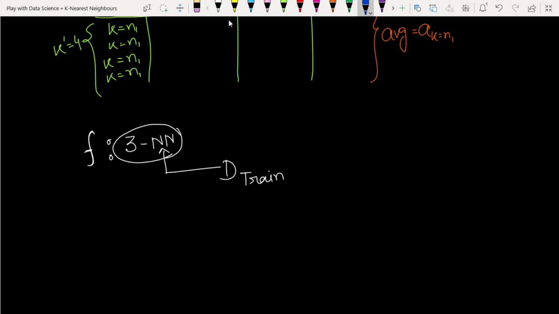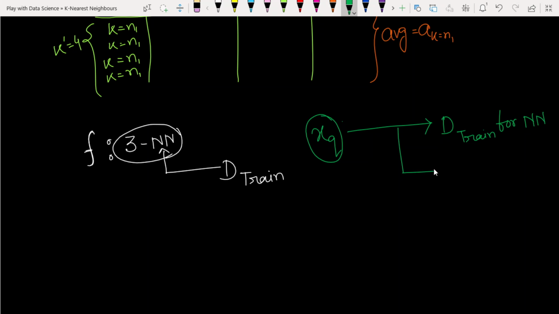So what we are doing: we are given a query point, and on this query point we use D_train for our query and also to build our 3 nearest neighbor model, our 3NN.